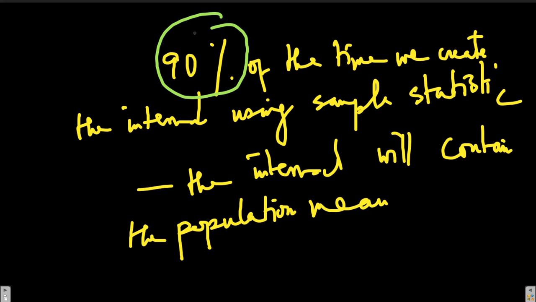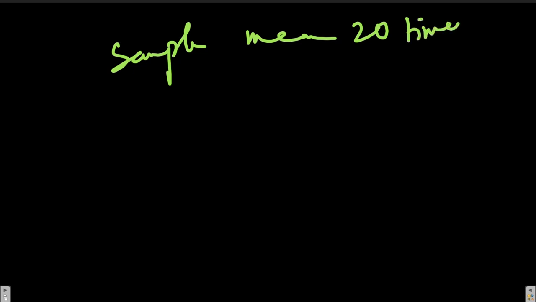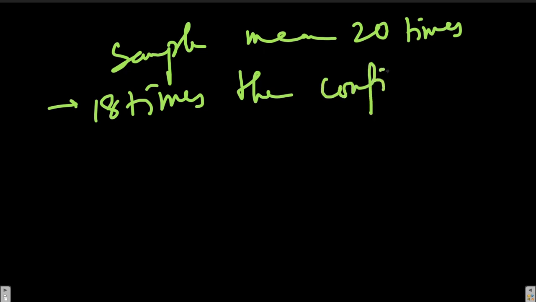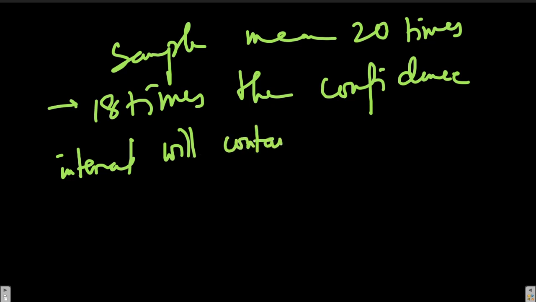So let's say I take a sample mean 20 times. What it would mean if my confidence level is 90% is that 18 out of these 20 times, the confidence interval will contain the population mean, or population statistic, whatever that is.